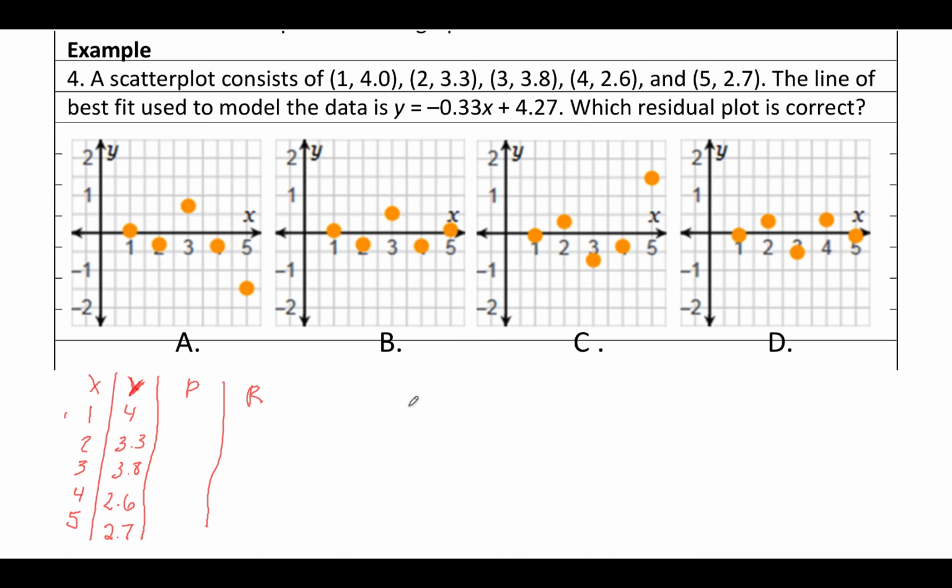I'm going to substitute these x values into my formula and solve for y. That's going to give me my predicted value. So for example, I would take y equals negative 0.33 times 1 plus 4.27, and I am going to get 3.94.